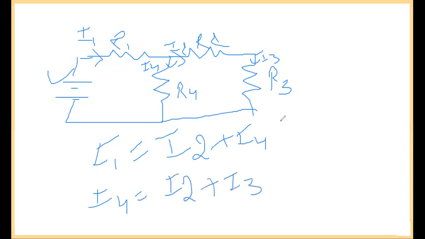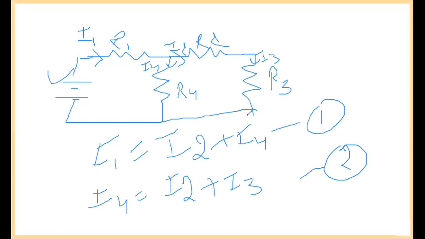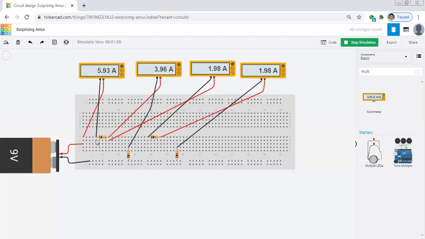If we verify these two equations for Kirchhoff's current law, then we verify Kirchhoff's current law, because this is our resistance R1, R2, R3 and R4. According to these equations we will find our answer, and we verify Kirchhoff's current law. I think your concept of Kirchhoff's current law is clear.